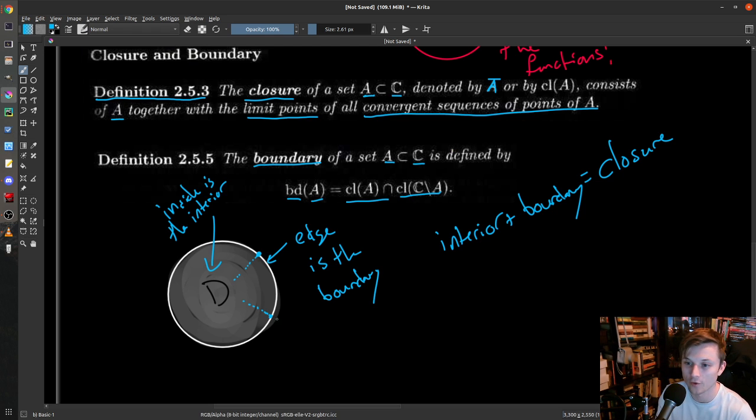That is, if you looked at everything that converges to something in D, and then you look at everything that goes to it from the outside, the union of those two things will give you that edge. You know what I'm saying?